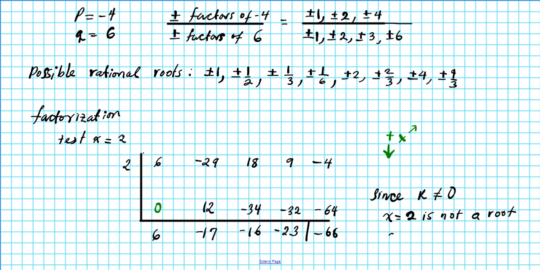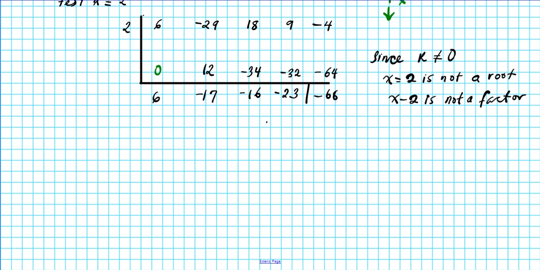Or you can say x minus 2 is not a factor. They mean the same thing, okay? So how do we proceed? We pick another candidate from our possible rational roots. Remember, these are possible rational roots. They are not the rational roots. So we're going to keep trying them out and see which one works.